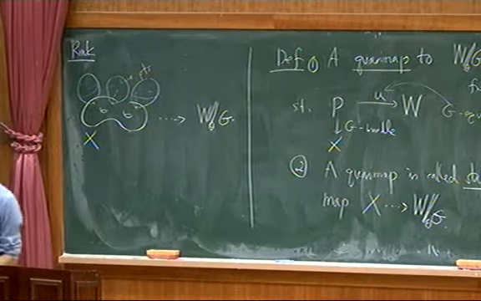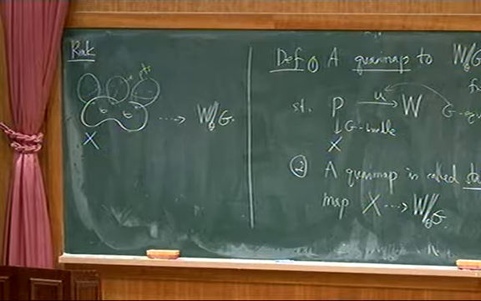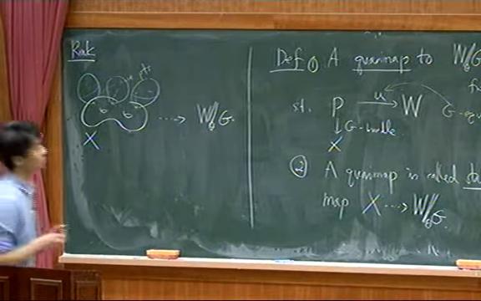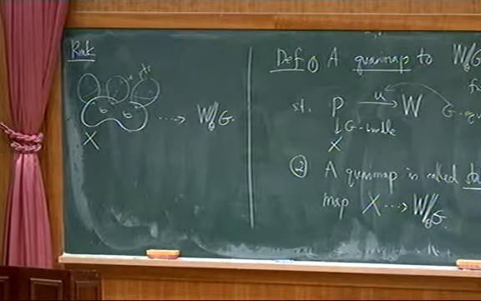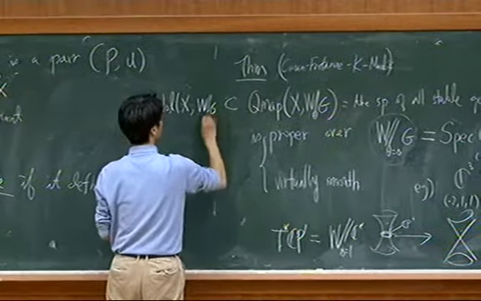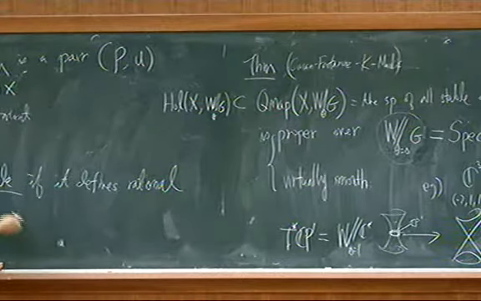Why do I put the sphere? If you want to use the Gromov compactification, then you have to allow the bubbling, right? I just want to compare this compactification with the stable map compactification. Here this contains the usual holomorphic maps from X to W mod G, so a usual holomorphic map is also a stable quotient map.